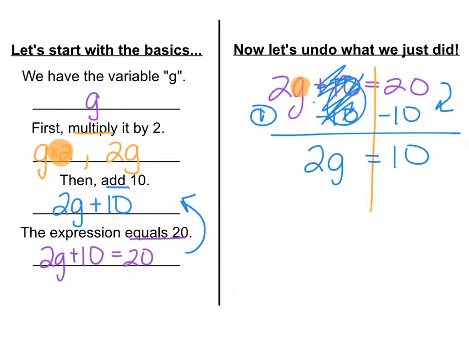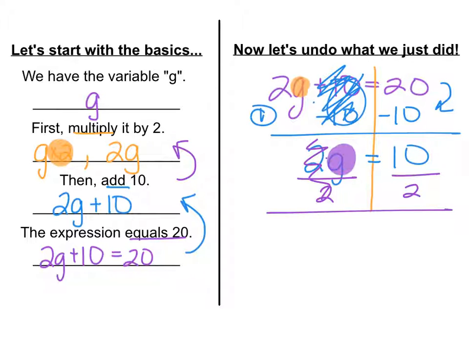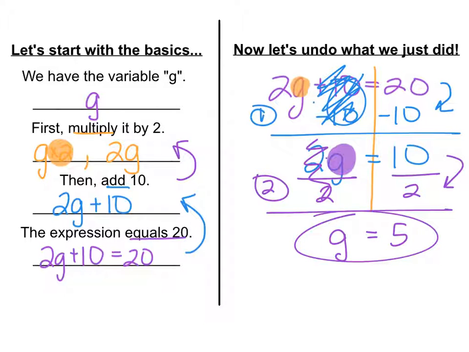Our second step is we still need to get g by itself. So we have to get rid of the 2. 2 times g, we're undoing multiplication, divide. Divide by 2 on both sides of that line. My 2's in this case canceled. So now I have just g, finally, and that equals 10 divided by 2 is 5. That was my second step. And then I came up with my answer.